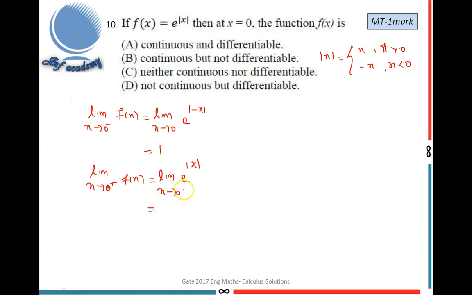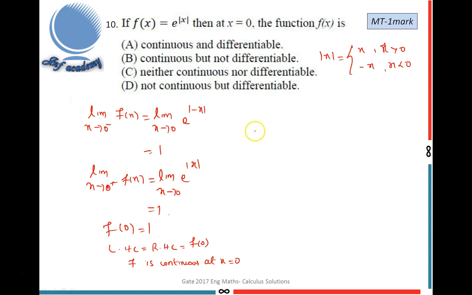So in that case e power 0, this is also 1. So f of 0 equals e power 0, which is 1. These three values are equal. Left hand limit equals right hand limit equals f of 0. So f is continuous at x equal to 0.